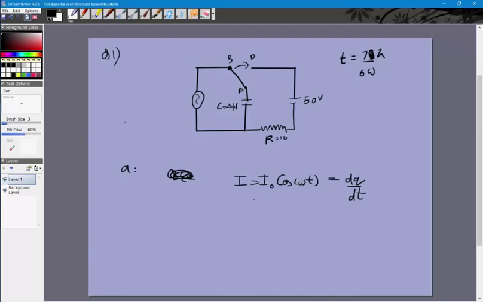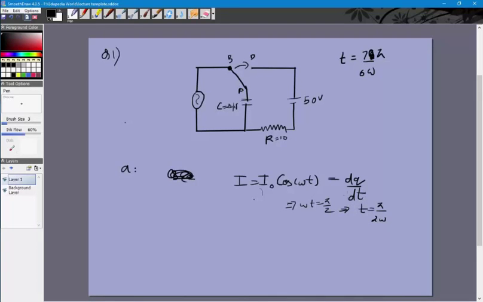That means I naught cos omega t will be 0, which means omega t is equal to pi by 2, which means t is equal to pi by 2 omega. This is before 7 pi by 6 omega. So t equal to pi by 2 omega has a maximum of charge, and we can see that after that I will be in the negative direction, so the charge will decrease.